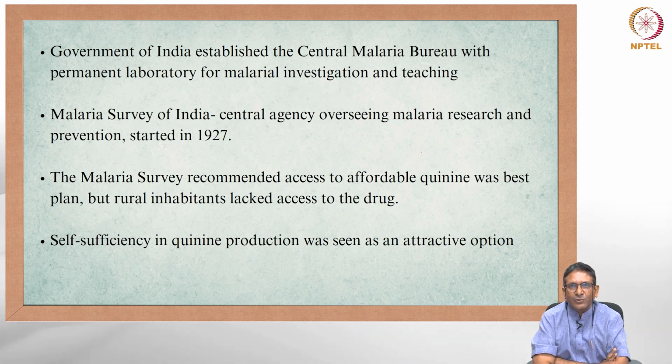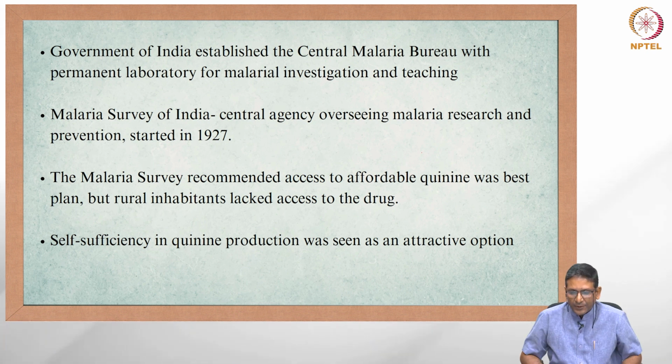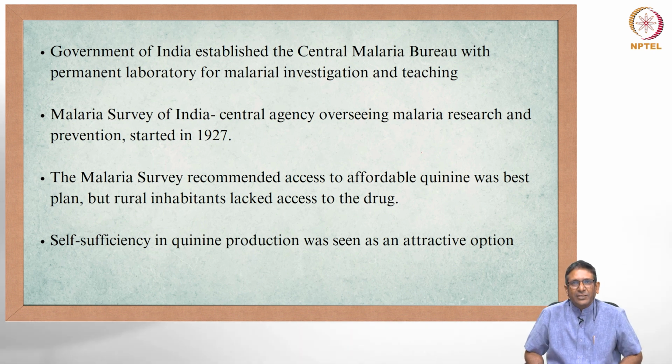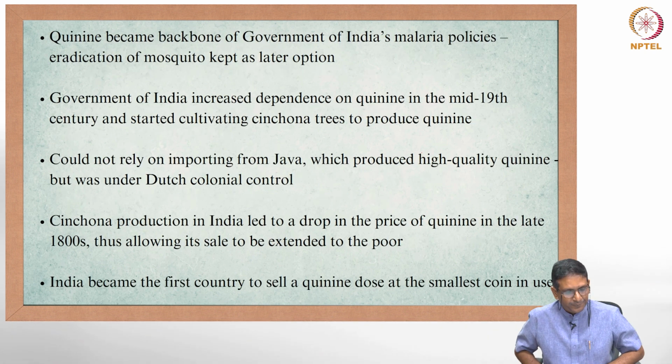And as I said, malaria was a huge challenge in the rural areas. So rural inhabitants should have access. One way of ensuring that is to find ways of producing quinine in some parts of India itself, so that there is self-sufficiency.